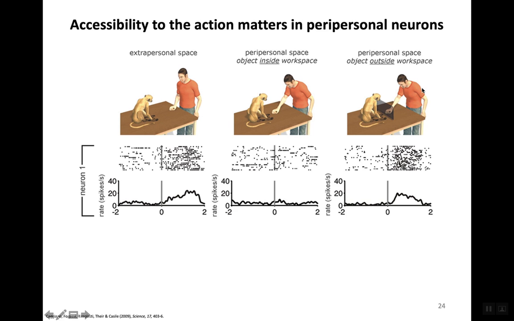So the interesting manipulation is when you place a divider so that the monkey can no longer reach an object which otherwise would be placed within what we would deem to be peripersonal space. Effectively, by using a divider, we have converted the peripersonal space of the monkey into extrapersonal space. And upon doing so, despite the fact that the experimenter is grabbing this object in the proximity of the monkey, we observe that the same neuron suddenly becomes responsive to this action.